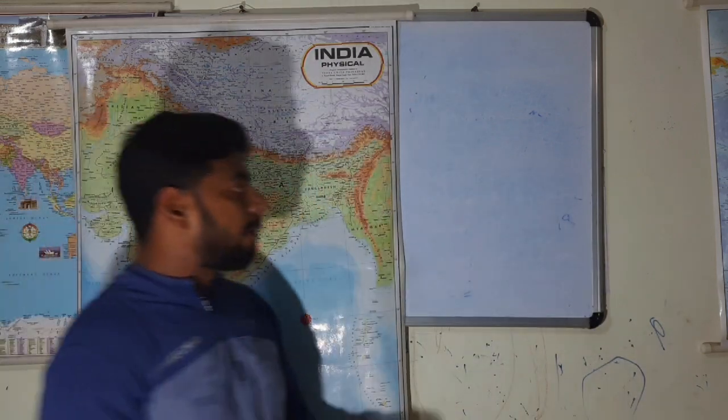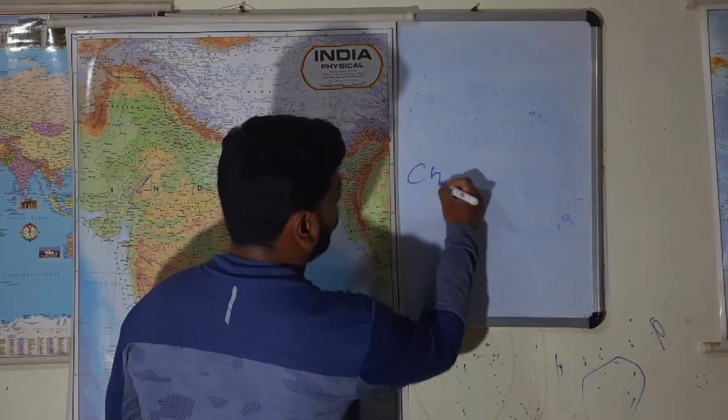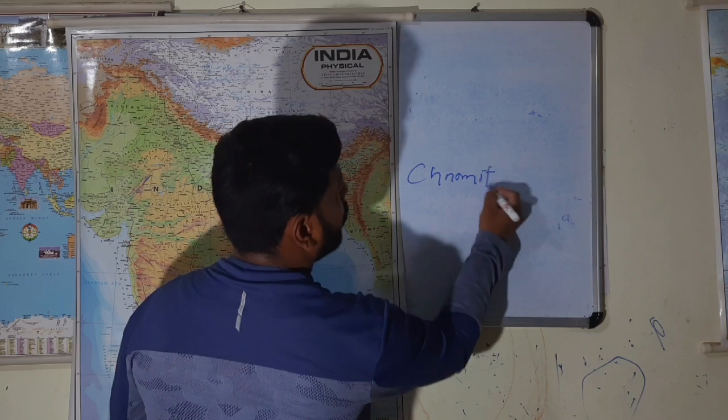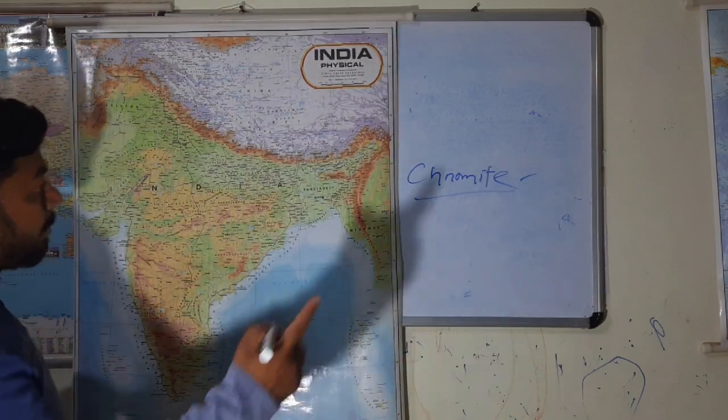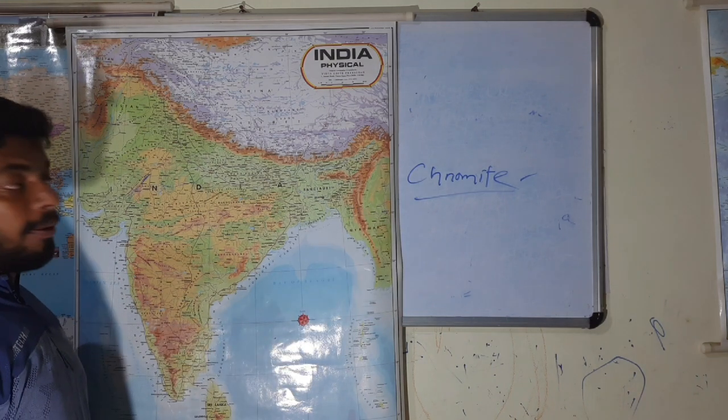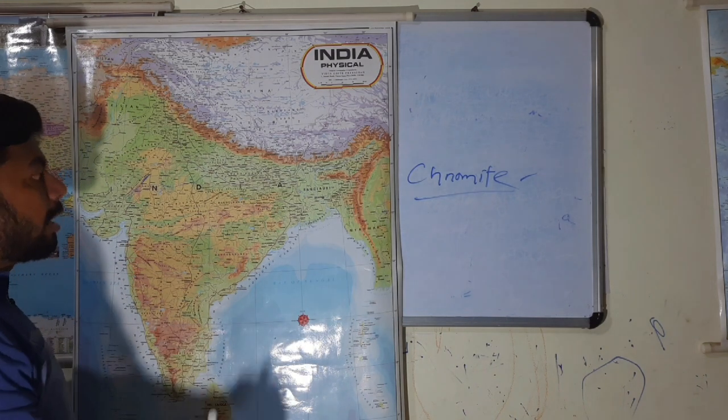In the case of chromite, almost all chromite production is in Odisha only. Around 71% of bauxite is found in Odisha only.